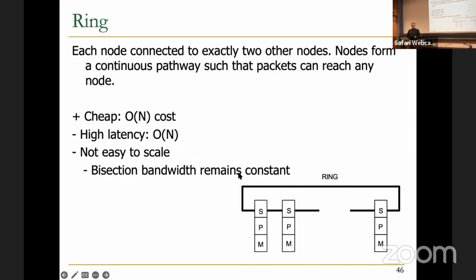There are two connections, so bisection bandwidth for an array is one, and for a ring it is two. That remains constant for array and ring as you increase the number of nodes, which is bad. As you make your network larger and larger, you would think bisection bandwidth should also scale somehow, but if it remains constant, at some point that becomes your bottleneck.